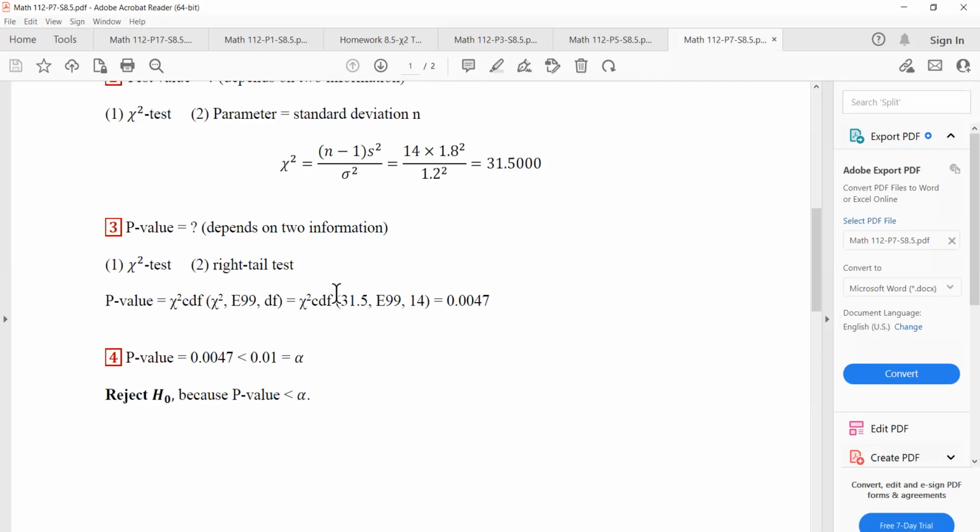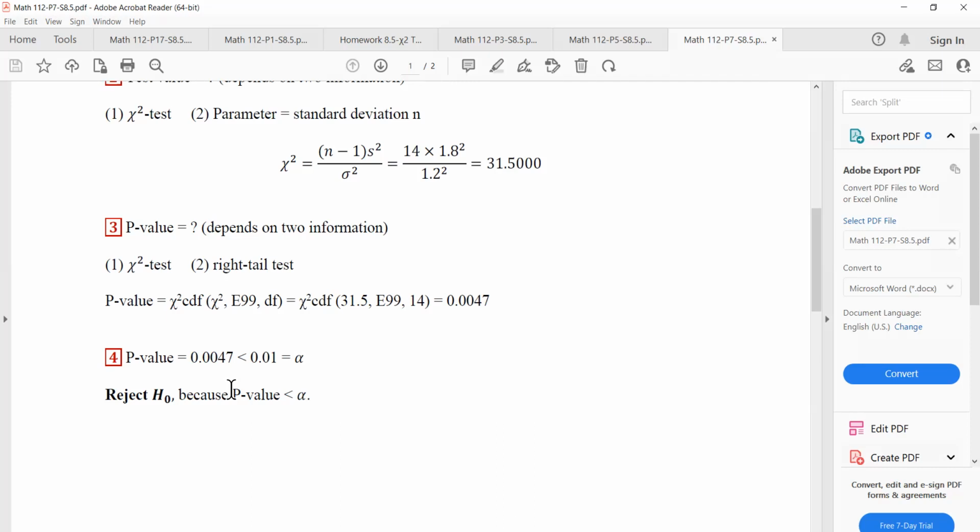So in this case, your p-value is much smaller than your alpha. Right? P is much smaller than alpha. So you reject H0 because the p-value is less than alpha. Okay. So don't forget that.